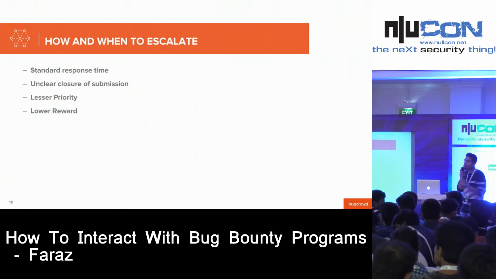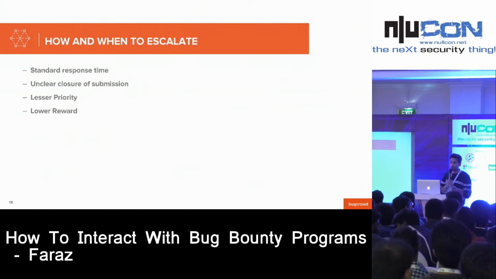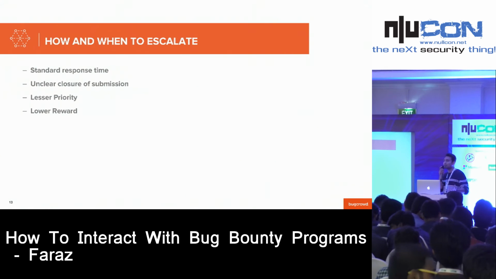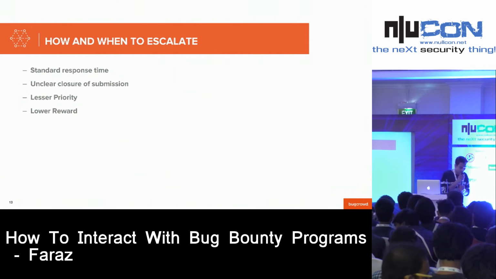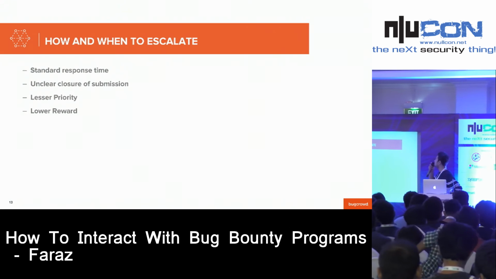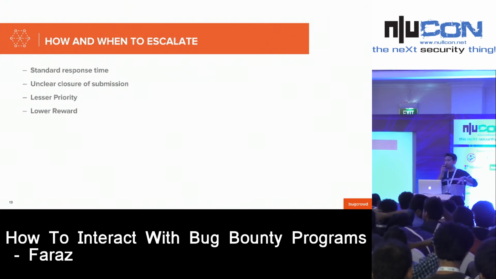If you are not getting your answer, just try and connect to the support about that. Then you can also escalate your submission if a lower reward or a lesser priority is assigned to it. These are the situations when you can directly contact support.